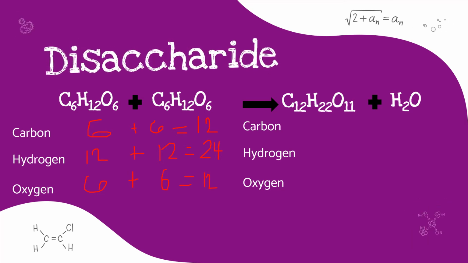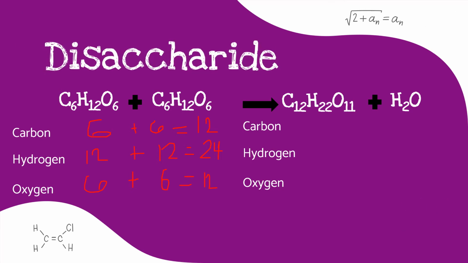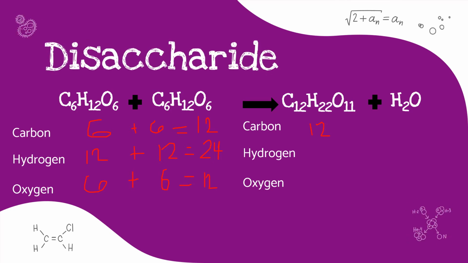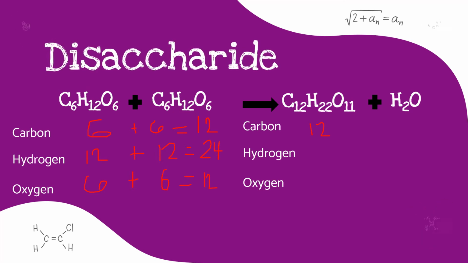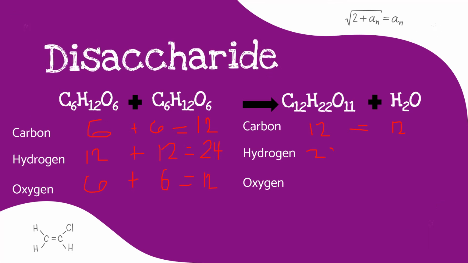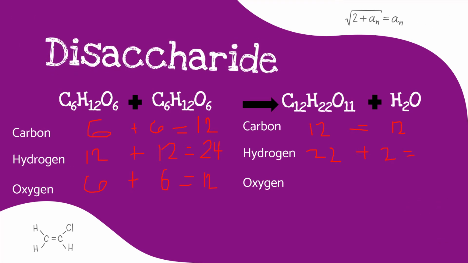Now, after the process, let's calculate each atom of carbon, hydrogen, and oxygen. Here we have 12 carbon, while in the water we do not have carbon, so we have a total of 12. For hydrogen, we have 22 here and 2 in the water molecule, with a total of 24.